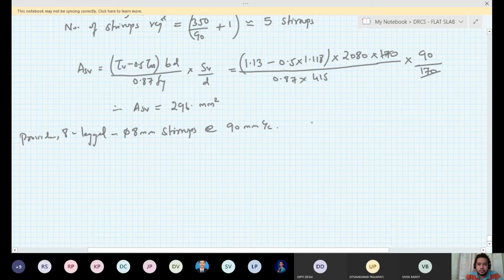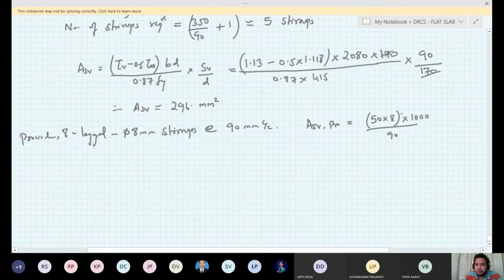So by providing these, your ASV provided will be equal to this. It will be 50 into 8, that is the area of the 8-legged stirrups, multiply by 1000, that is for 1 meter, divided by 90.